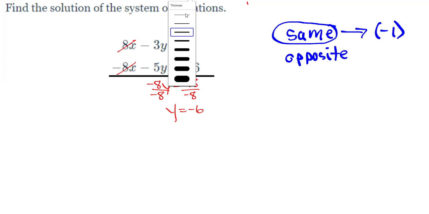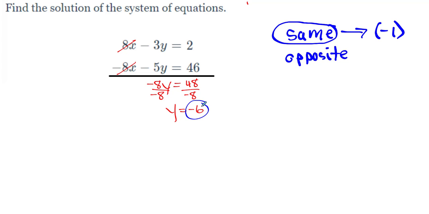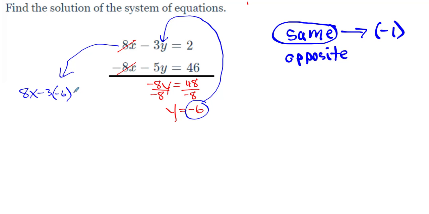Now that I found out that my y value is equal to -6, I'll substitute that into the top equation, because I think 2 is a little bit easier than 46. Since that's y, and it's stated that y equals -6, I'm going to put that in over here. 8x minus 3, parentheses, in goes -6, is equal to 2.